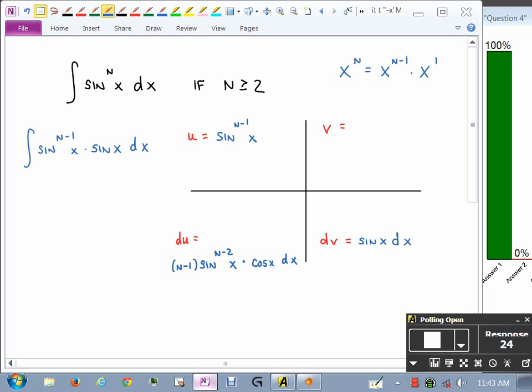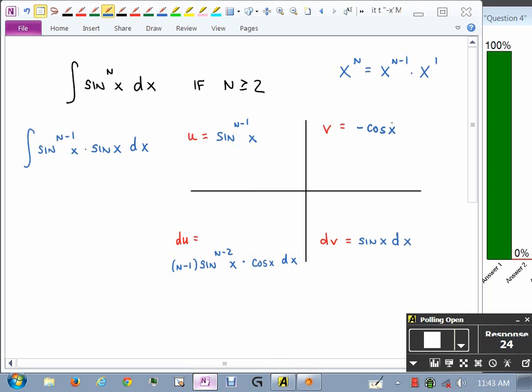Yes? That's what the derivative of sine to the n minus 1 of x is. Now, what's the antiderivative of sine? We said negative cosine x.